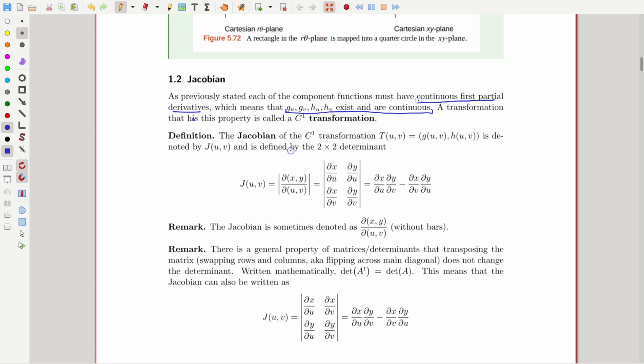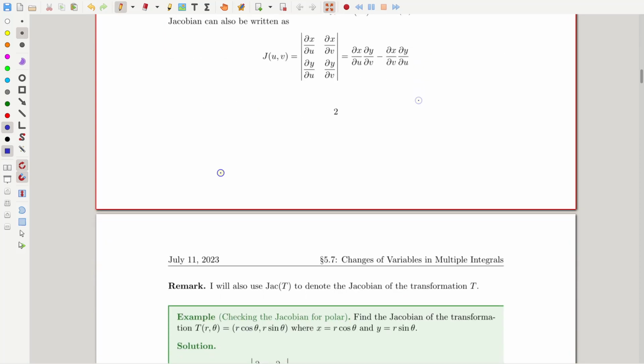Okay, given all of that, the Jacobian of a C1 transformation T, which is what we've been working with, is defined to be this symbol, J, and there are a few other notations as well. I'm also going to use this notation for a few of the examples that I work through.